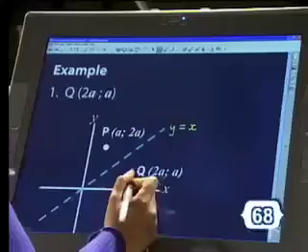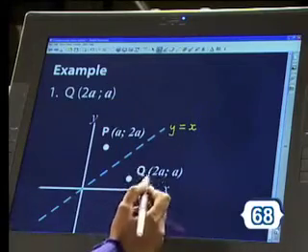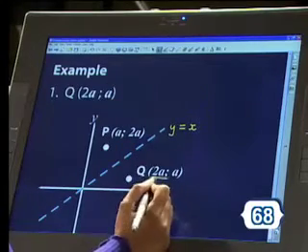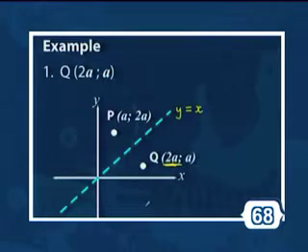So we're taking the point Q, reflecting it in the x-axis, and this is how it's going to look. So Q has coordinates (2a, a). If I reflect it in the x-axis, my x value is going to remain unaffected. So therefore, these would be at exactly the same x value. So that's still going to have the value of 2a.